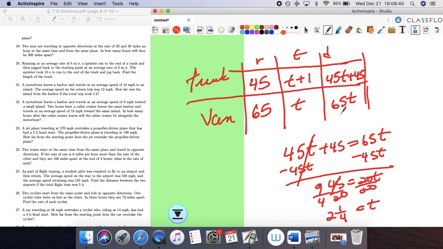So what's the question? At 2:15. Okay, so 2 1/4. 2:15 p.m. The van overtakes the truck. Okay.